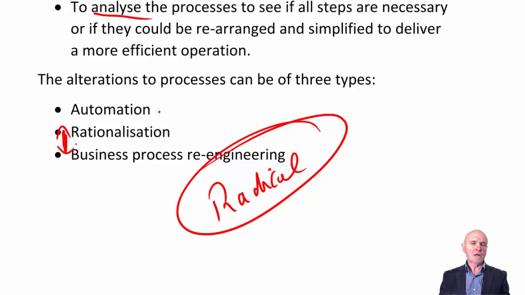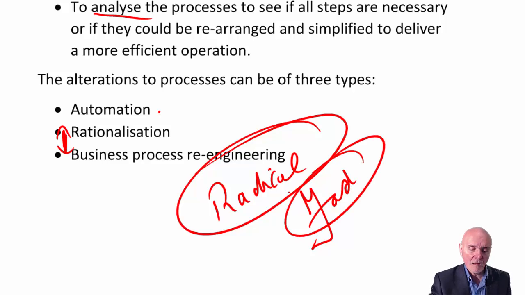And the story which is often told in terms of business process re-engineering was Ford Motor Company in America. They had a huge manufacturing plant in Detroit, Michigan. And this was really at a time before there was much computerization.